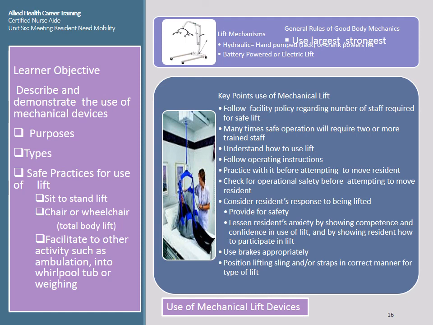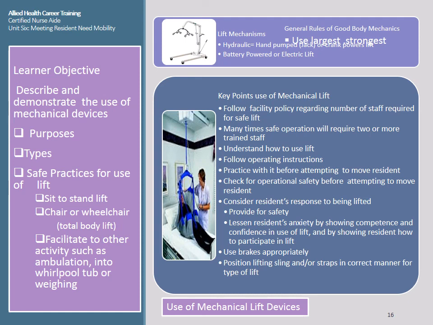Understand how to use that lift. Follow the operating instructions. Practice with it before attempting to move a resident. Check for operational safety before attempting to move a resident. Consider the resident's response from being lifted. Provide for safety.